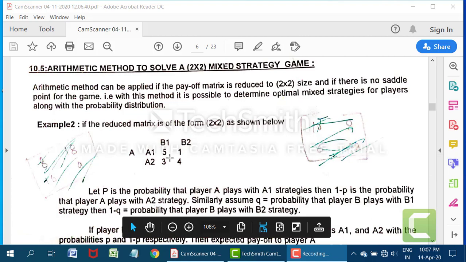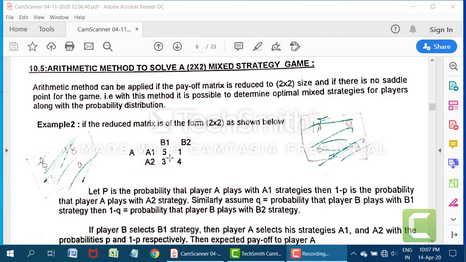Then check whether it is a pure strategy game or not by applying the minimax and maximin criterion. First row minimum 1, second row minimum 3. The maximum of these two minima is 3.